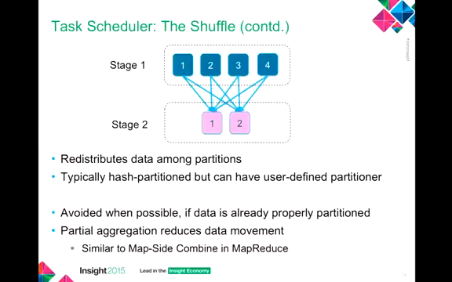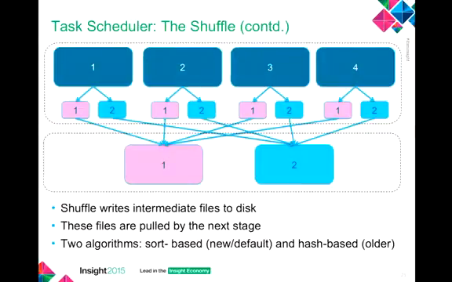Oftentimes real-world applications need to shuffle, so you can't really do that. But if you can't, at least you want to do some kind of partial work in stage one, partial aggregation, before you ship a lot of the data. In our example, we'll see that as well. By the way, this partial aggregation is similar to what Hadoop also does. It's called map-side combine in Hadoop.